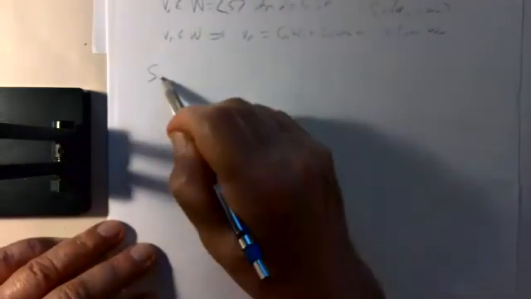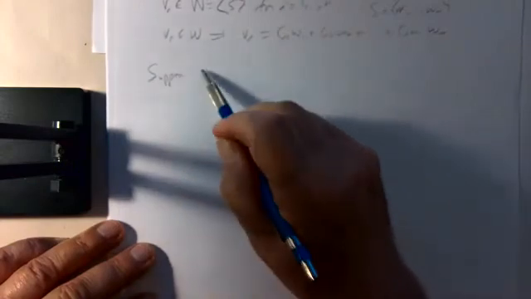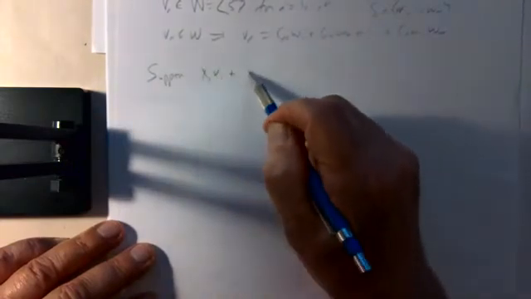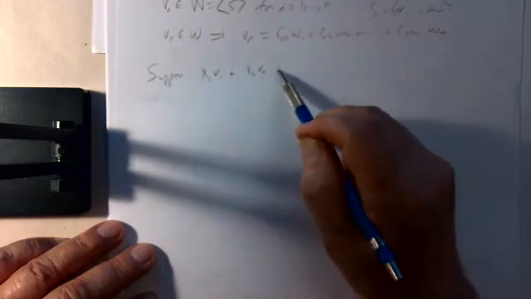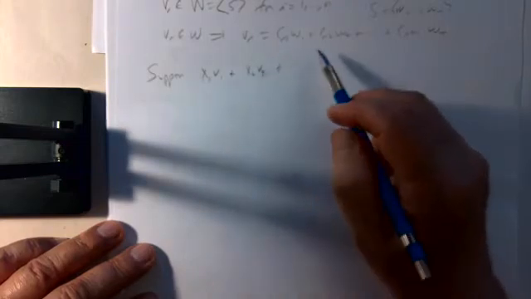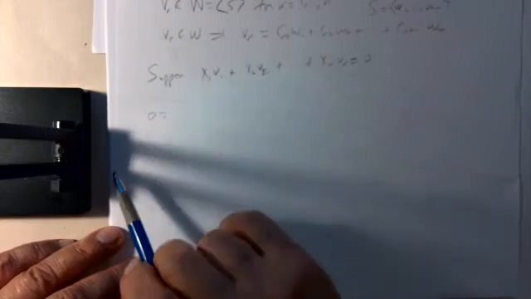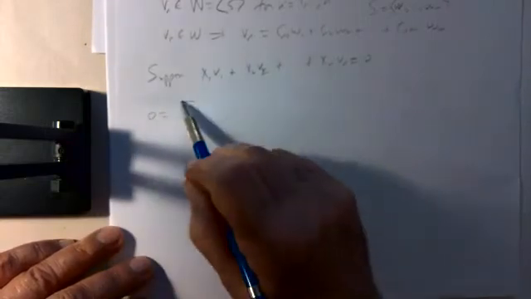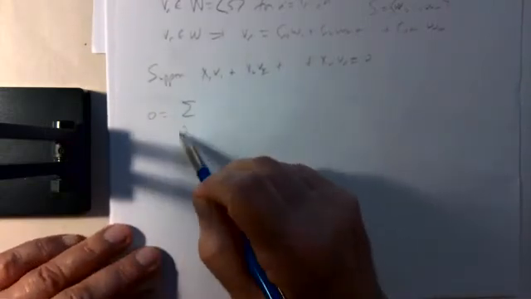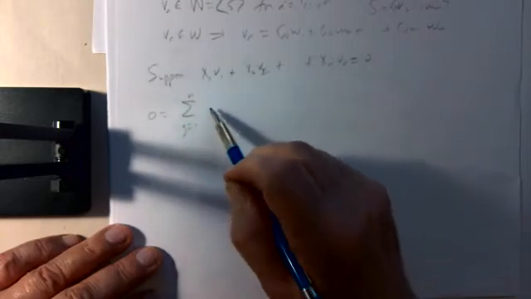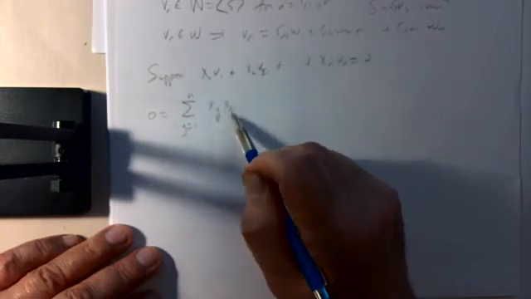So suppose some linear combination of these n vectors is 0. So just let me use sigma notation. So 0 is the summation, j goes from 1 up to n, x sub j, v sub j.